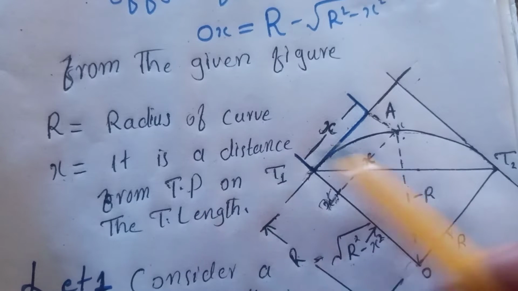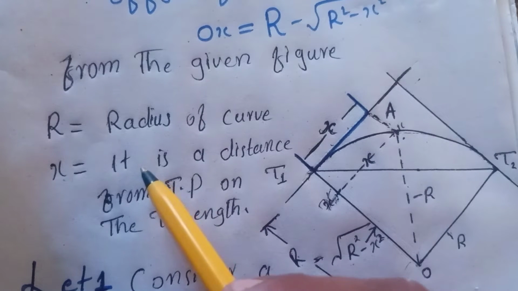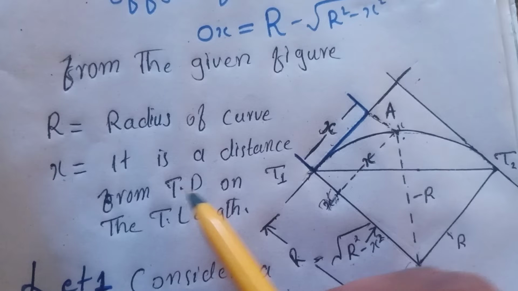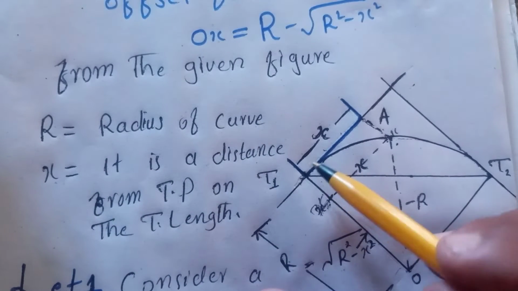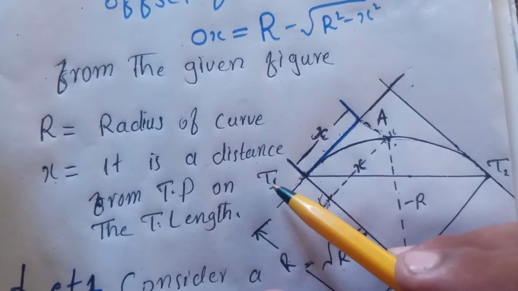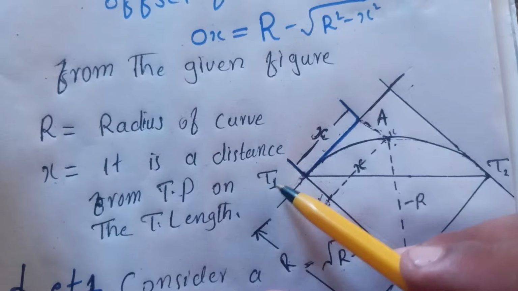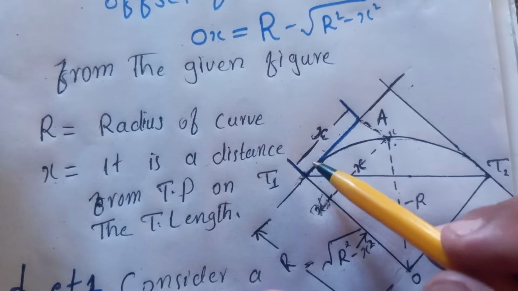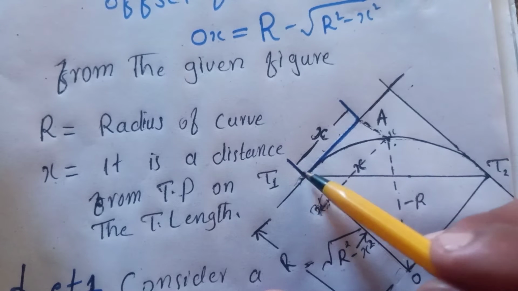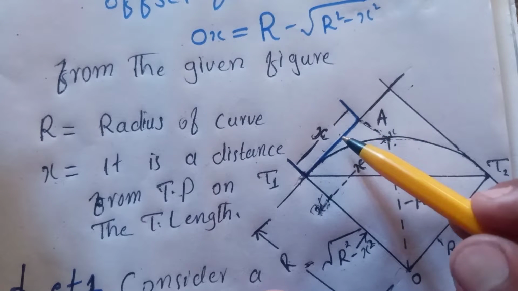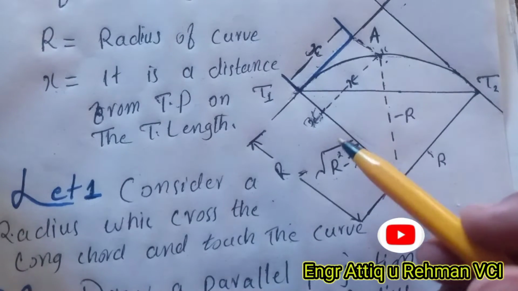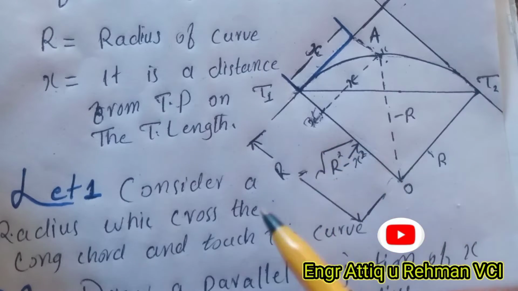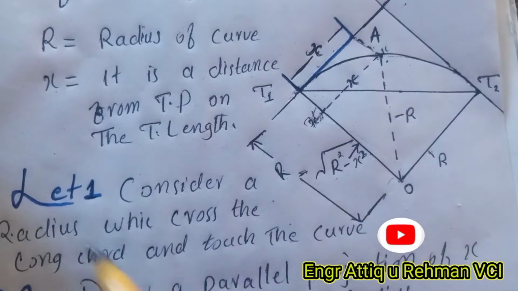It is the distance from a tangent point on the tangent line. As you can see here, this is a tangent point which we have shown here, tangent point 1, and the distance from this tangent point on the tangent line is denoted by x. Now we are required to get a triangle.